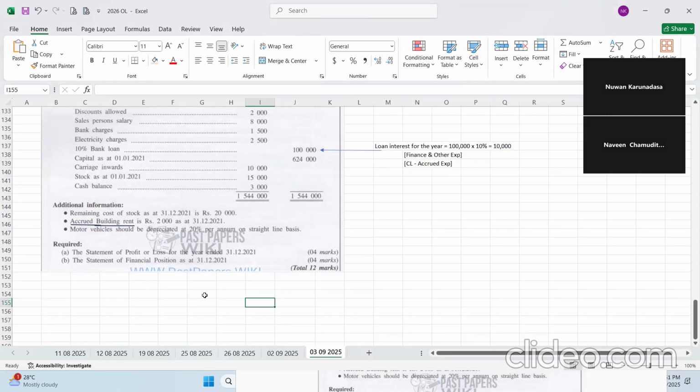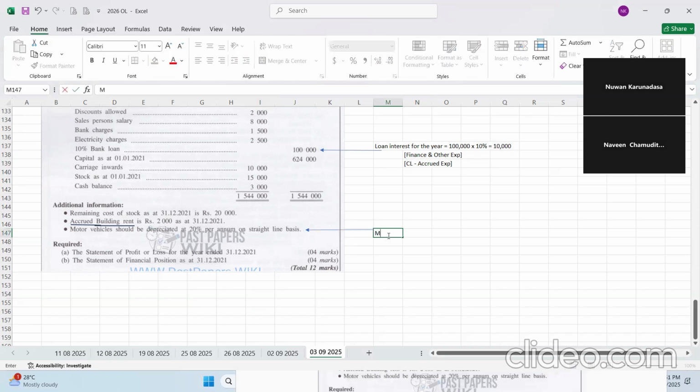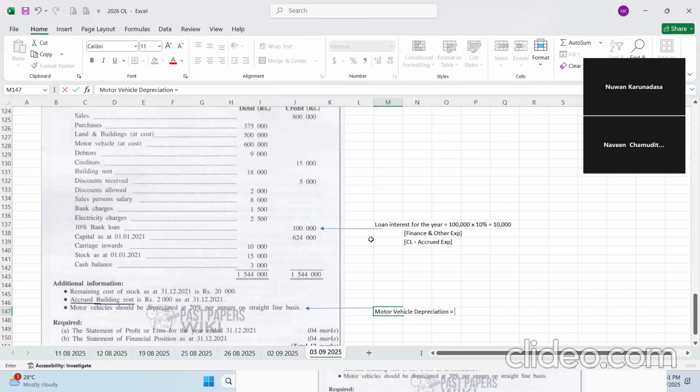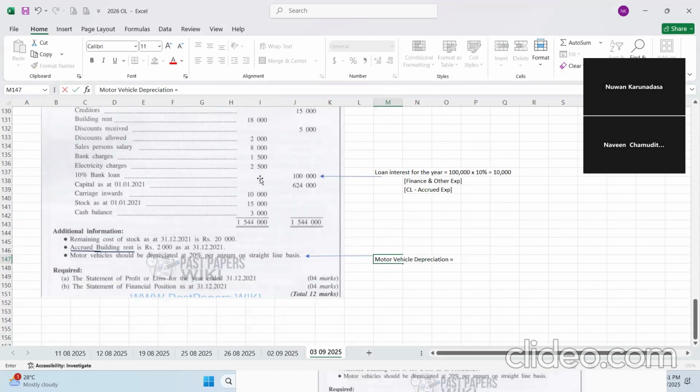Motor vehicle should be depreciated 20% per annum on straight line basis. They're asking you to calculate the depreciation on the motor vehicle. We'll calculate it. Motor vehicle depreciation equals how much? The cost of the motor vehicle is 600,000 into the rate of 20%.